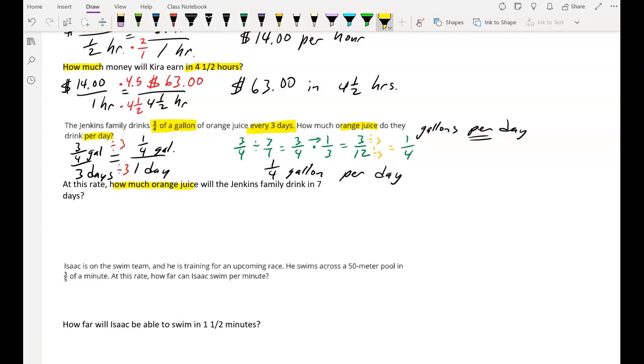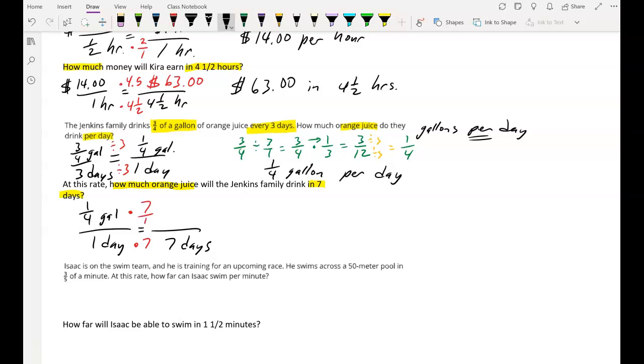how much orange juice in 7 days? How much orange juice will the Jenkins family drink in 7 days? Okay, well, we're still looking at gallons per day, so we've got 1/4 gallon in 1 day. How much in 7 days? Now that we found the unit rate, it's easy. 1 times 7 is 7. 1/4 times 7 will be 1/4 times 7 over 1.